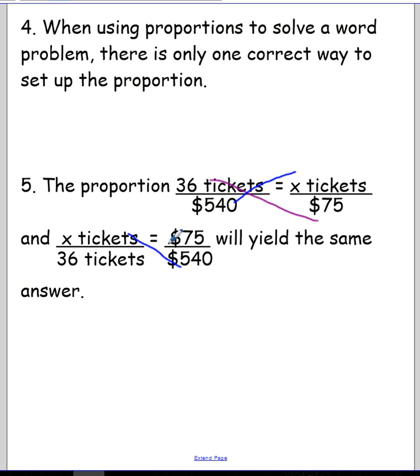And then we have our 75 being across from our 36 like we did. So yes, when we solve, we end up getting the same numbers being multiplied to each other on the same side of the equal sign. So that makes number 4 false. So there is more than one correct way to set up the proportion.